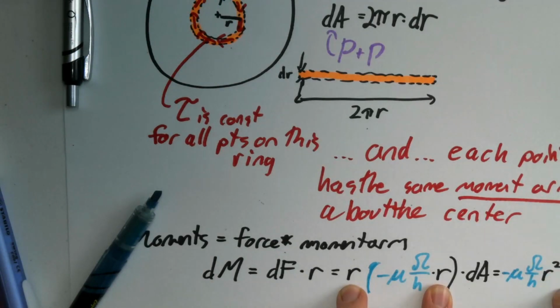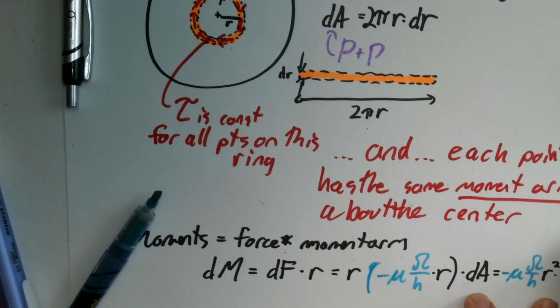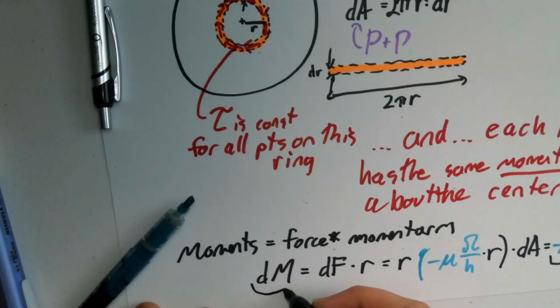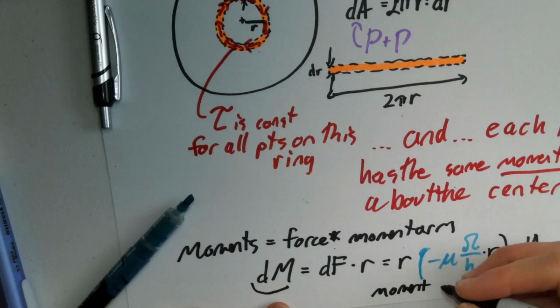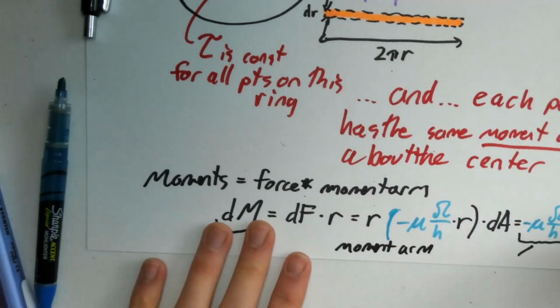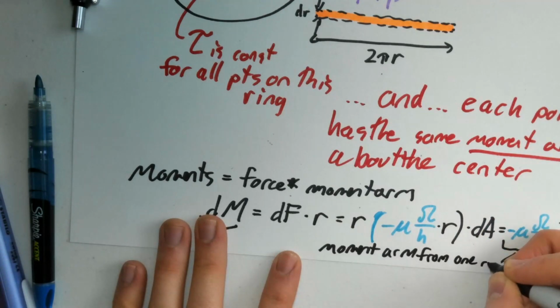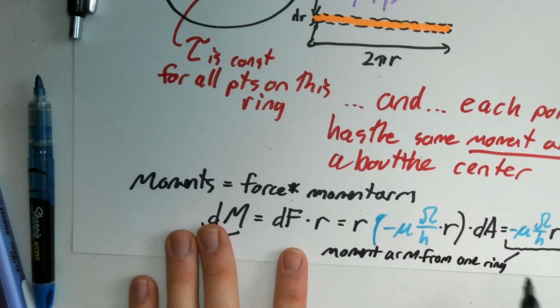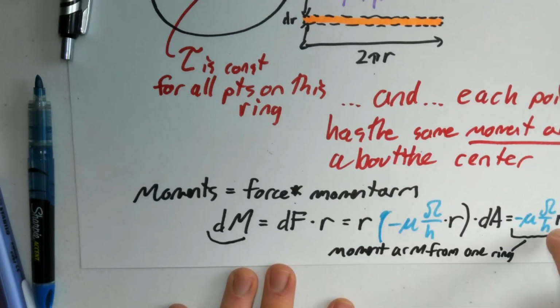And then when I sub in for dA, I get a 2 pi r dr. So times 2 pi r dr. So this expression here is the moment from one ring. The moment from one ring is this little chunk right here.